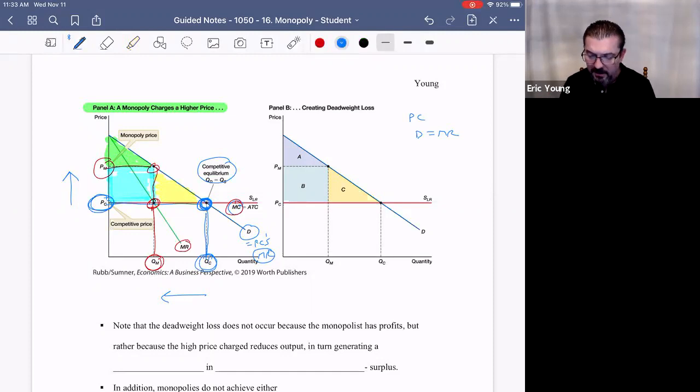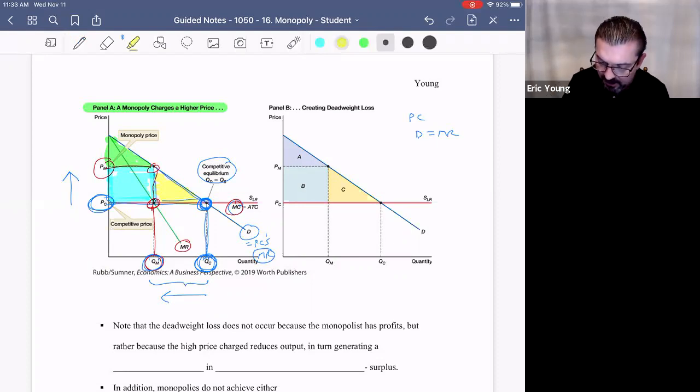You also know from your analysis that dead weight loss is the difference between what could be produced and what actually is produced. So this triangle here is dead weight loss. You see it here, nice and clean and clear. Panel A represents consumer surplus, and panel B represents producer surplus, AKA their profits.